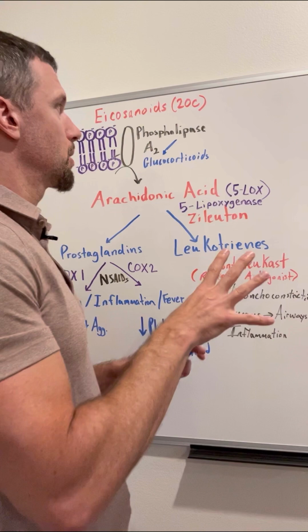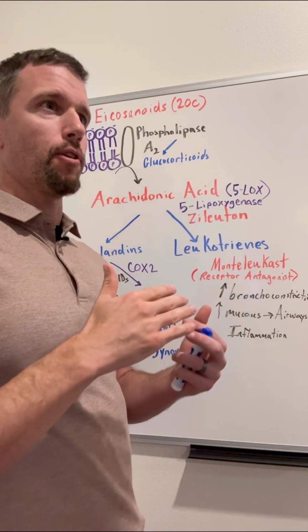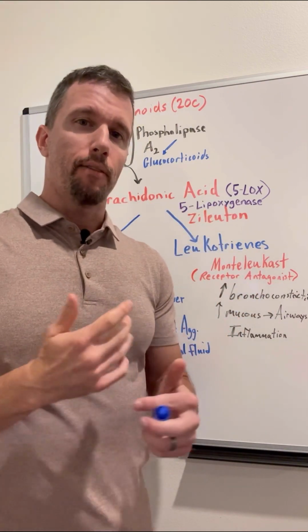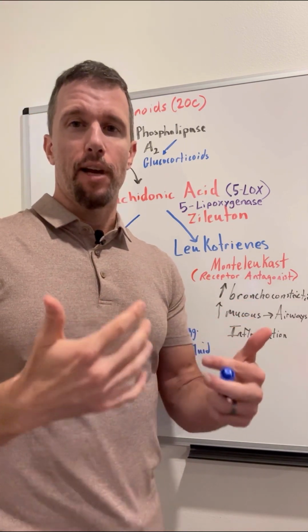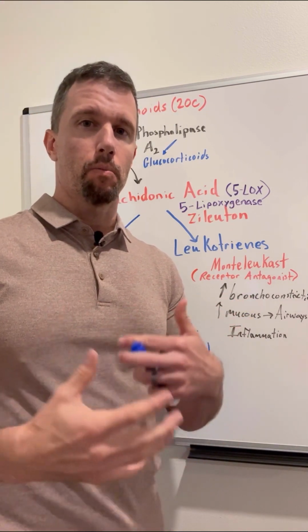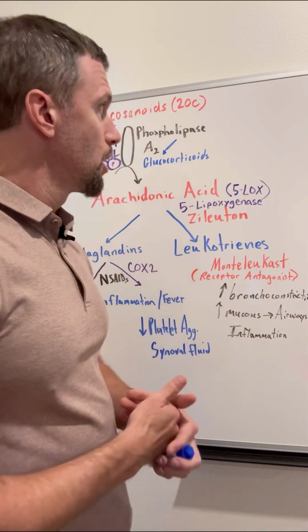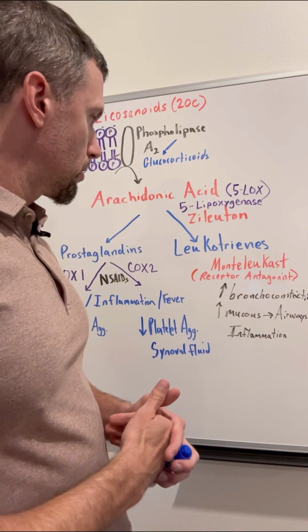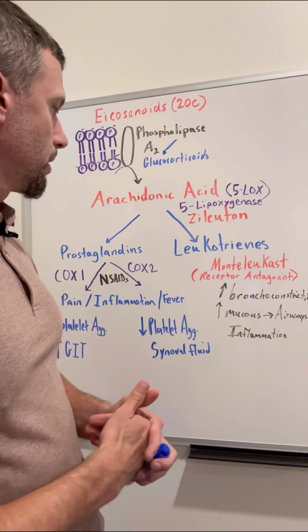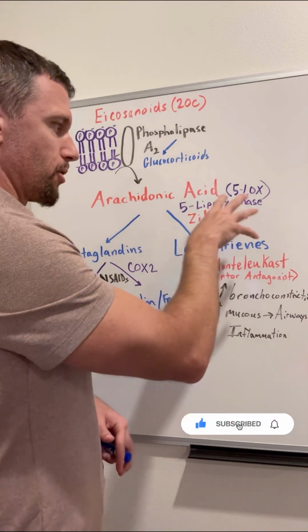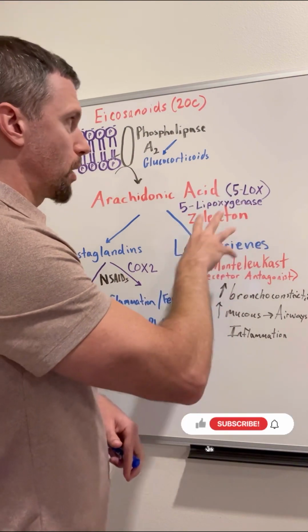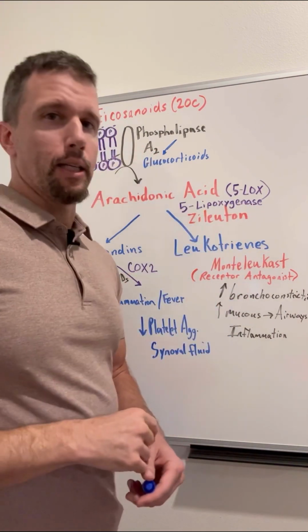So they knock down inflammation so much that one side effect of steroid drugs is that you have more infections because you don't have the immune system protection that you normally do. So I hope this video helps you understand where NSAIDs work, where these drugs that work in the leukotriene pathway work, and where steroids work to decrease inflammation.